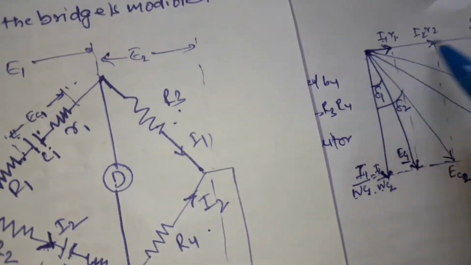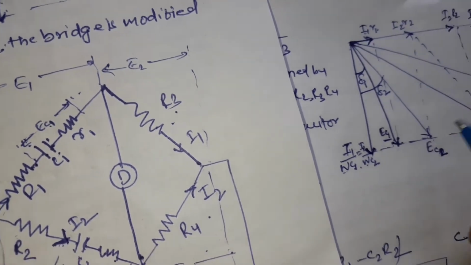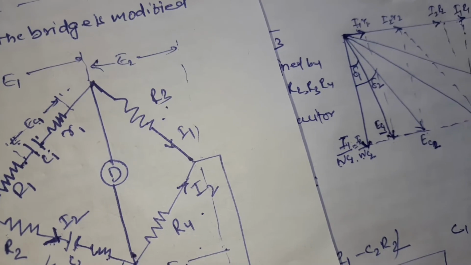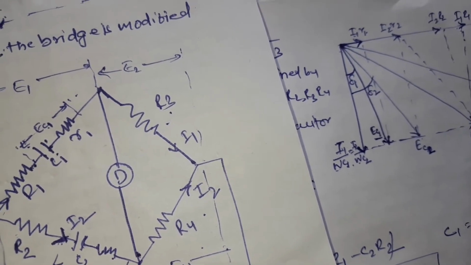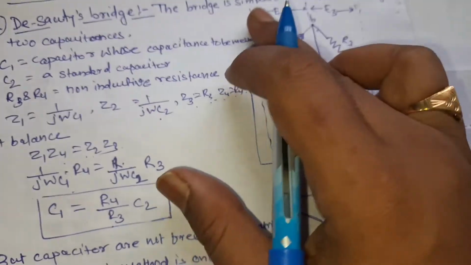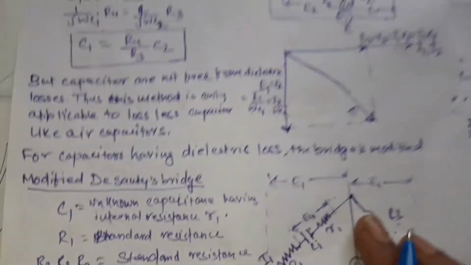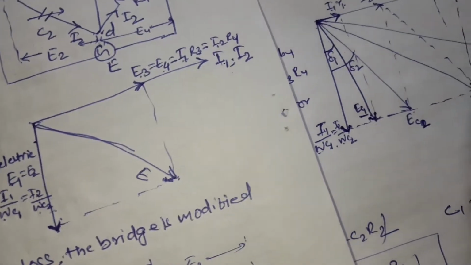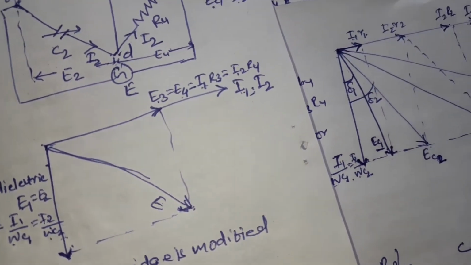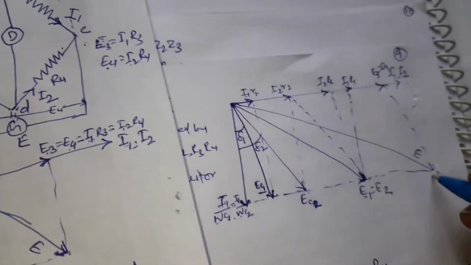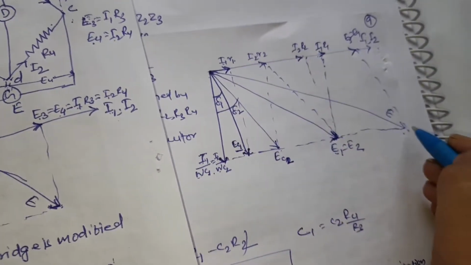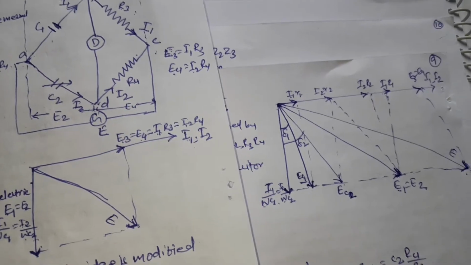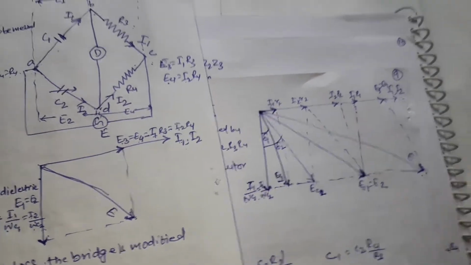So I2 into R2 plus EC2 is equal to E2, and E1 and E2 are equal. Then E1 plus E3 is equal to the total applied voltage. In this way, we have drawn the phasor diagram of the modified de Sauty bridge.